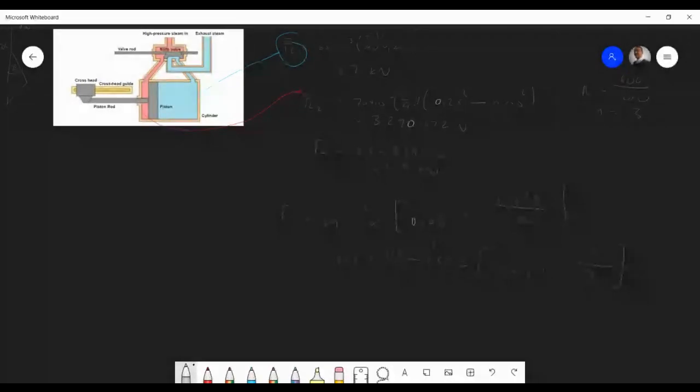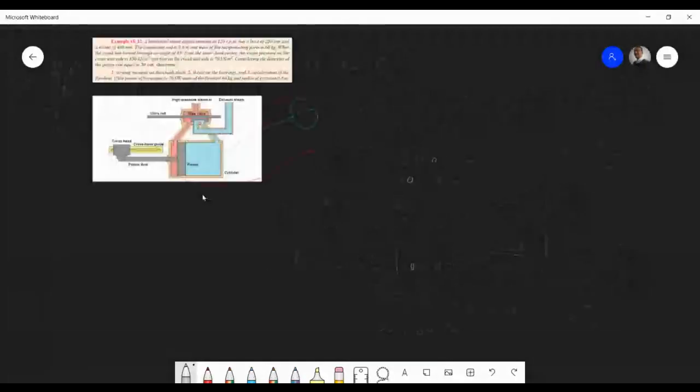1339.86. That looks good. And once we're there, at the end we're looking for FP, which is a typical thing, and it's going to be 23.7 kilonewtons minus this 1339.86.